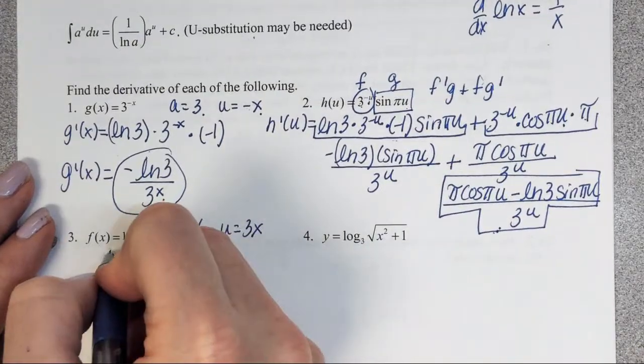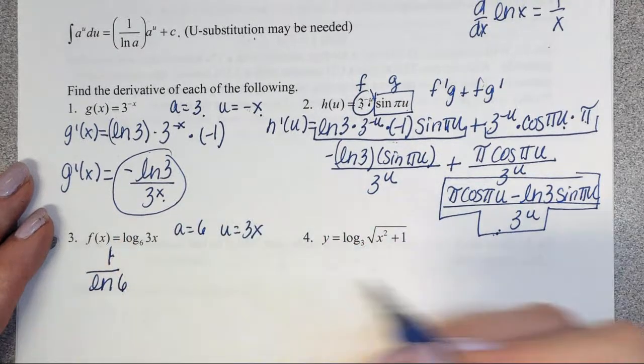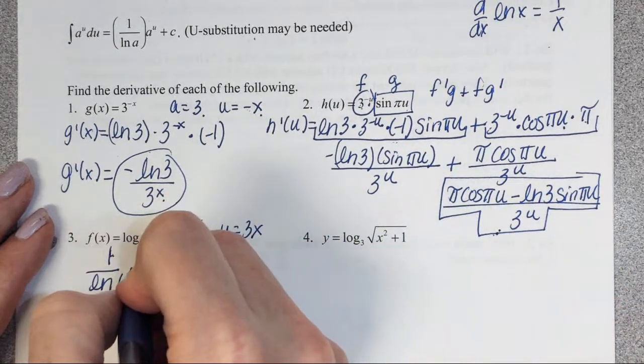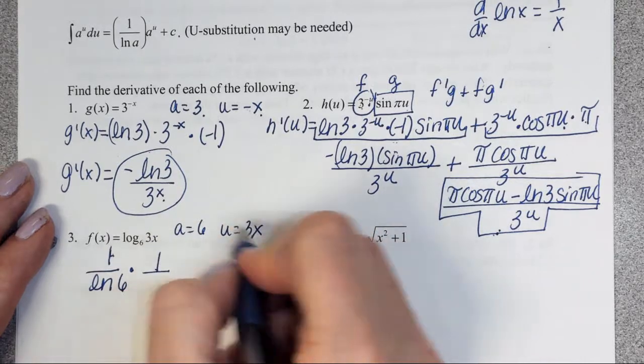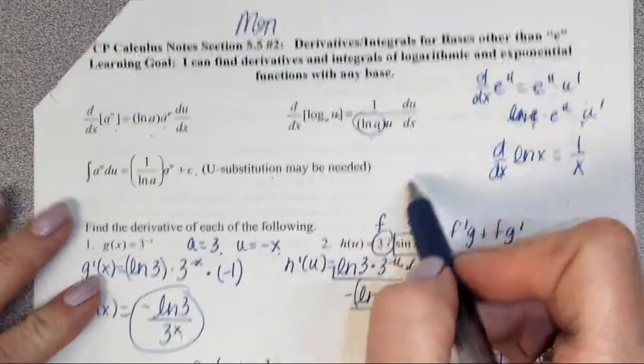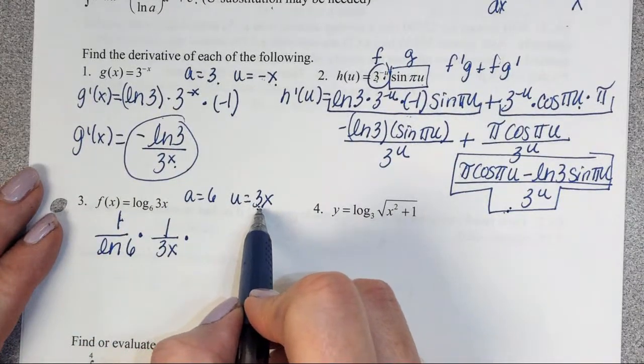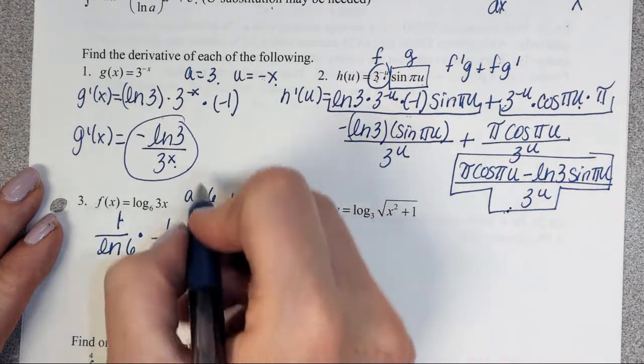So it's going to go 1 over the natural log of 6 times 1 over u times du dx. What's the derivative of u with respect to x? What's the derivative of 3x? 3.